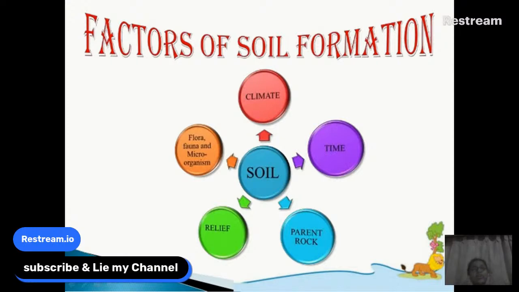The parent rock determines color, texture, chemical properties, mineral content and permeability. If there is no parent rock, what will happen? The plants, fauna and flora will have no color or texture. Okay, next is time. What does time mean? Time determines the thickness of the soil profile.